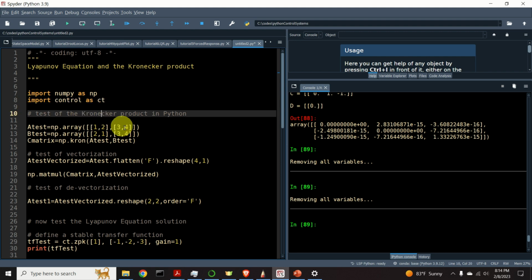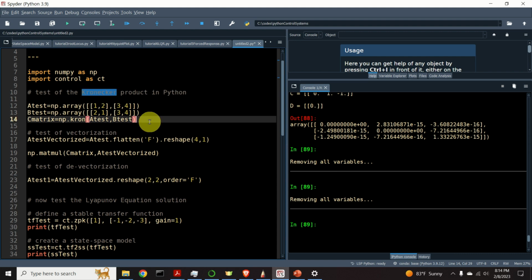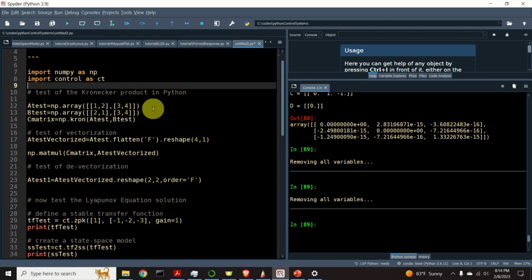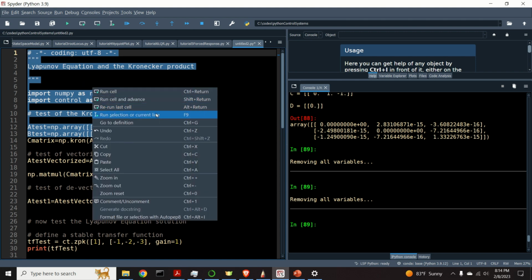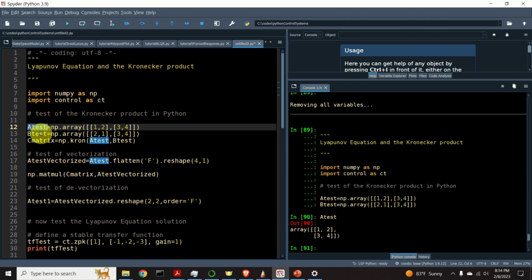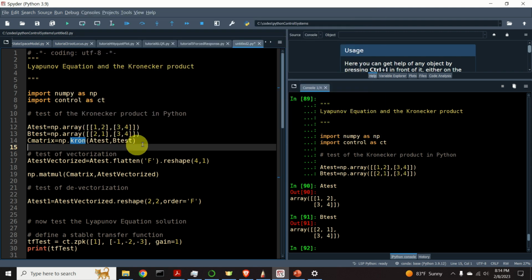Okay, let's continue. Let's first learn how to compute the Kronecker product in Python. I construct over here two test matrices, A and B. Let's see these two test matrices. Here is A and here is B. The Kronecker product is implemented in this NumPy function kron.